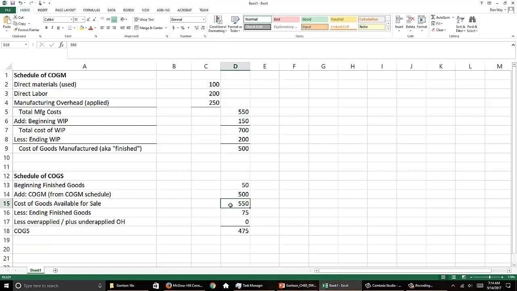Again, that's cost of goods available for sale. If I deduct my ending finished goods, or what was still not sold at the end of the period, I come up with my cost of goods sold. Now I included a line here for over-applied or under-applied overhead. We do need to account for that at some point, so we'll talk about that in just a minute.